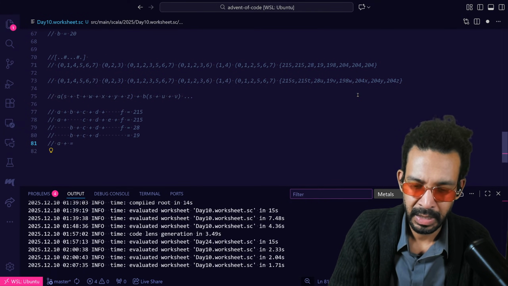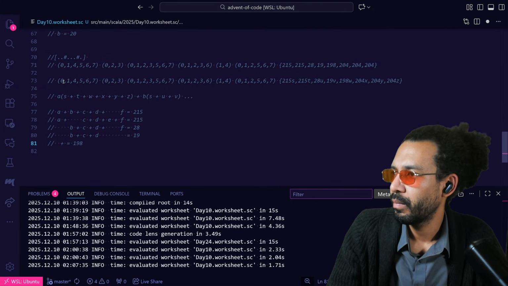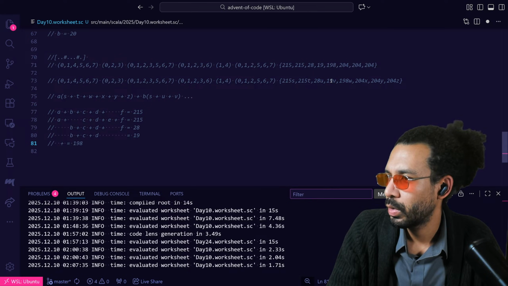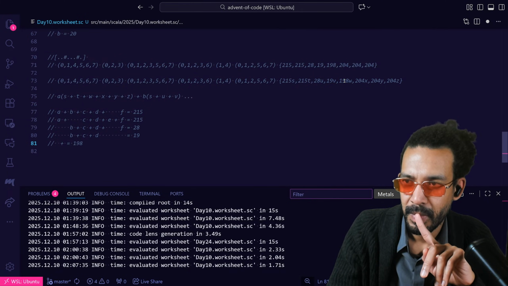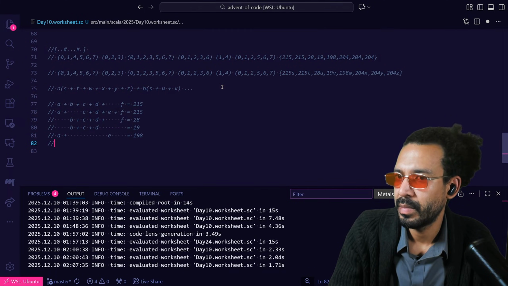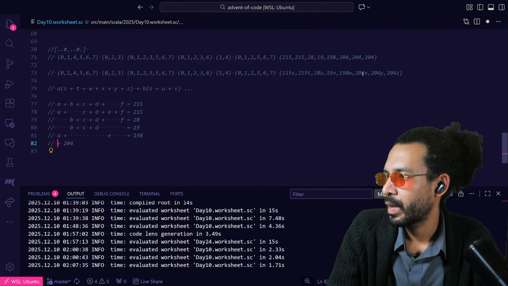We have something that adds up to 198. Everything with the 4, that's A, E. So A plus E. And then you have a 24, and that's everything with 5.